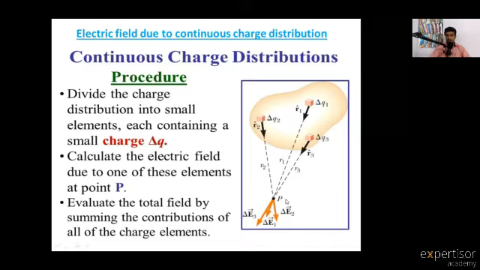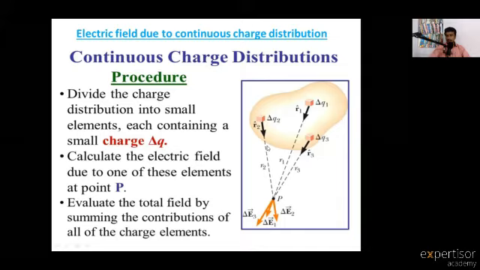Delta E is equal to the sum of the contributions, that means delta E1 plus delta E2 plus delta E3. So finally delta E is equal to delta E1 plus delta E2 plus delta E3. This is the electric field due to continuous charge distribution.